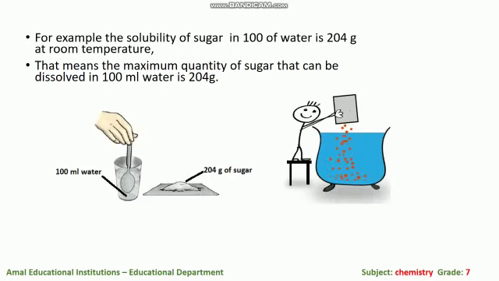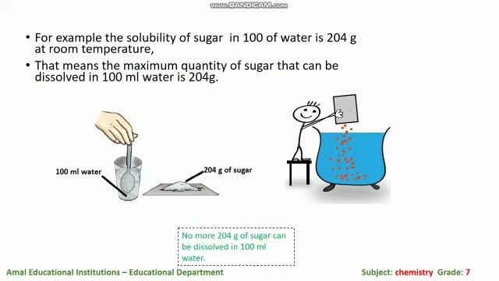If I have 100 milliliters of water I can't add more than 204 gram of sugar. This is the solubility. So no more than 204 gram of sugar can be dissolved in 100 milliliters of water.